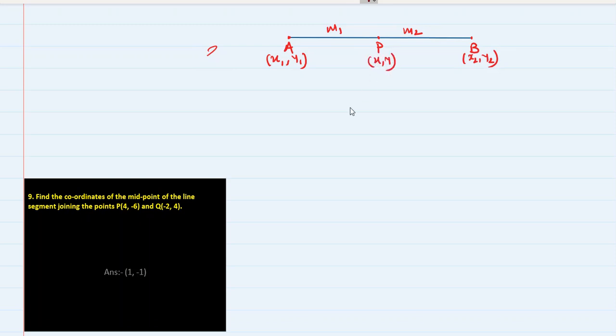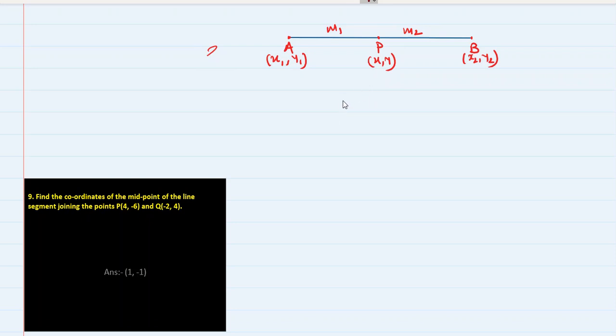See, we know that if there is a line segment, let's say AB, and a point P is dividing the line segment in the ratio M1, M2, and the coordinates of endpoints are x1, y1 and x2, y2, and coordinates of point P are x comma y, right?